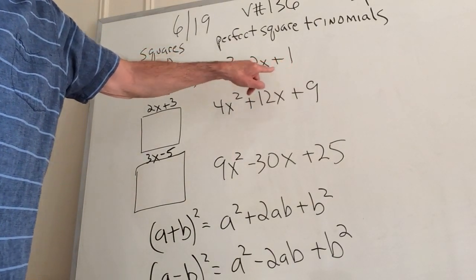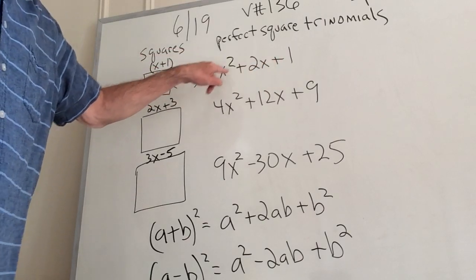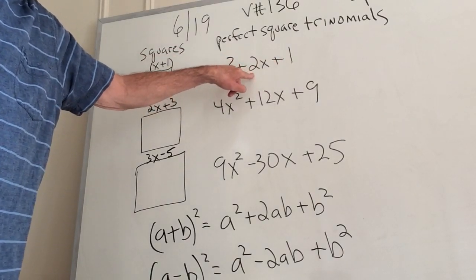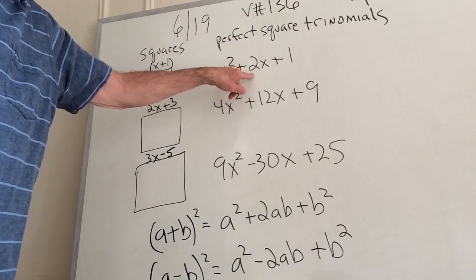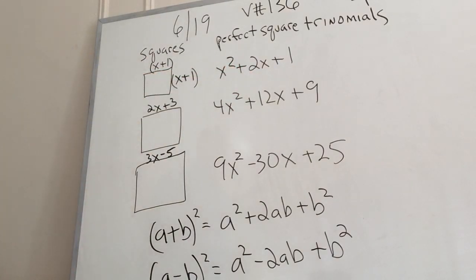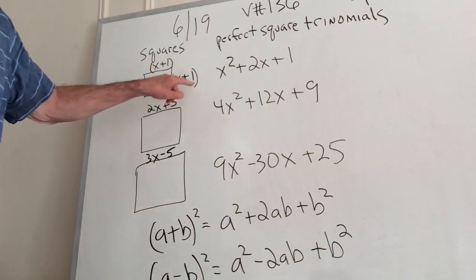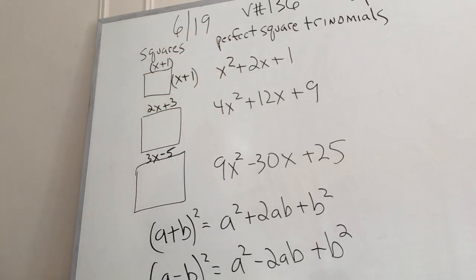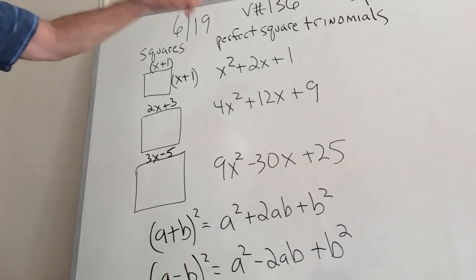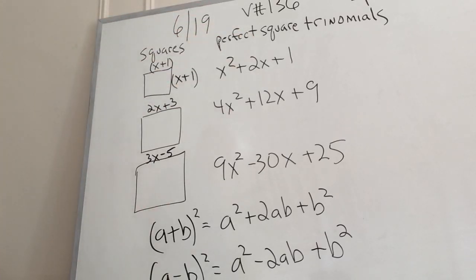When this happens, and the square root of the first term and the last term add up to double, then you have a perfect square trinomial. Okay? So this times this equals this. You can FOIL it and double check me. And we call it, like I mentioned over here, a perfect square trinomial.